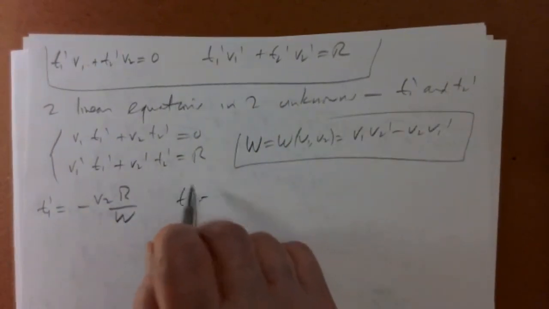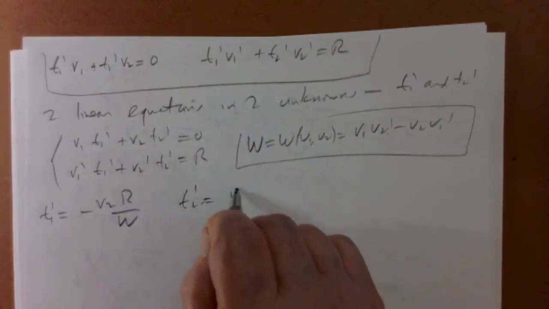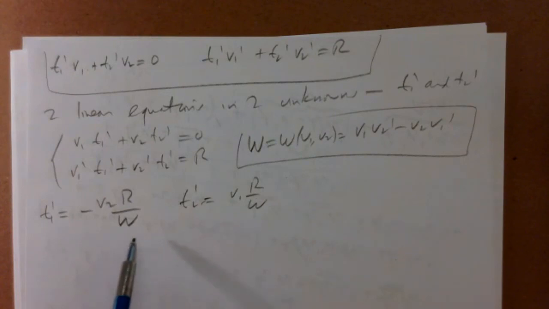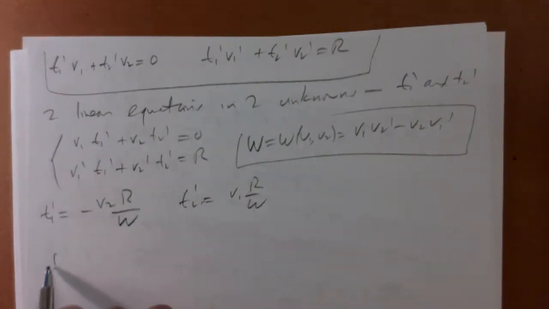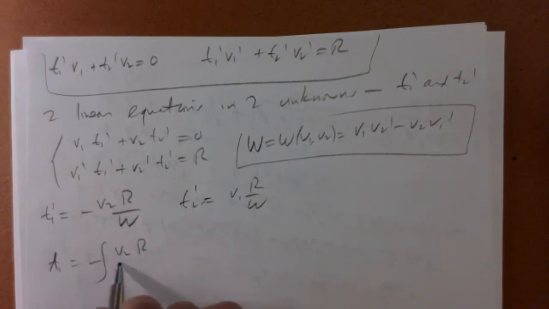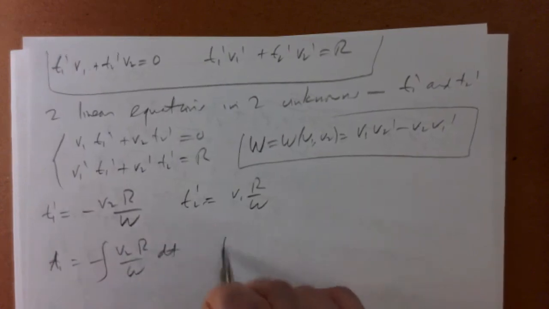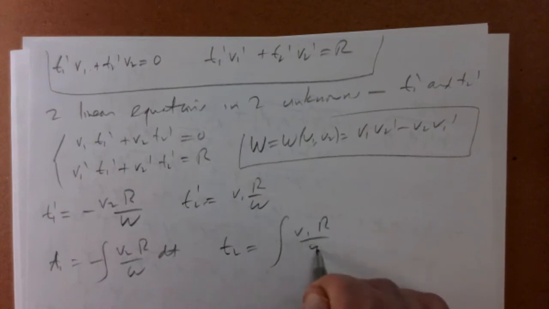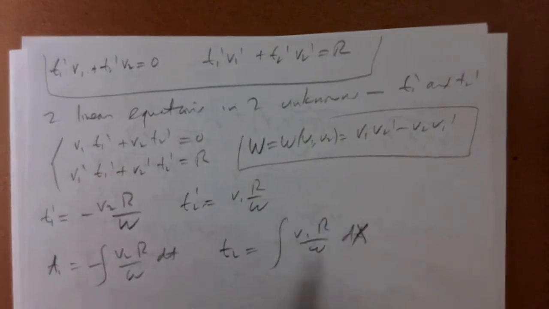And T2 prime is V1 R over W. So we know the derivatives of T1 and T2. So T1 is the integral of minus V2 R over W dx, and T2 is the integral of V1 R over W dx.